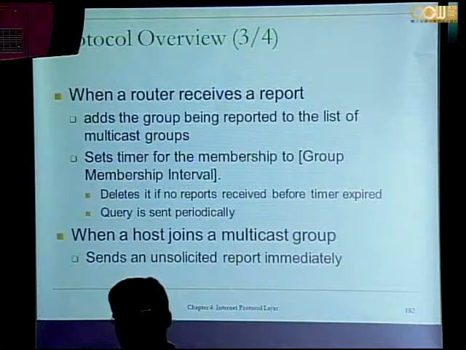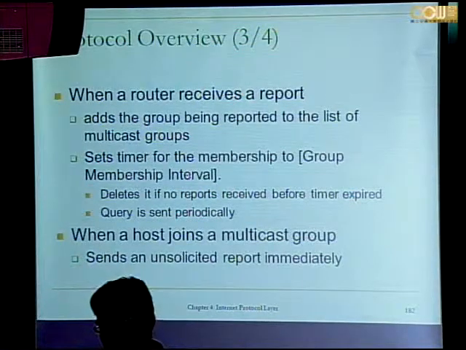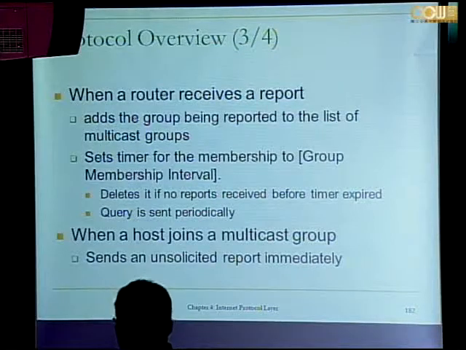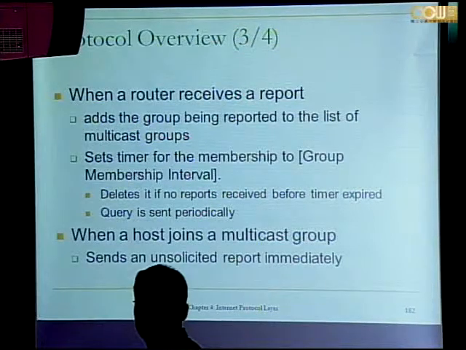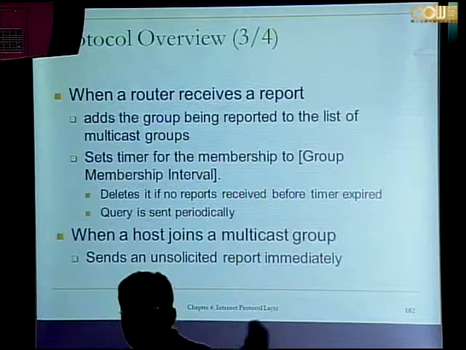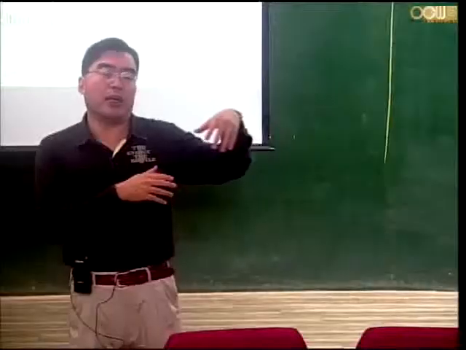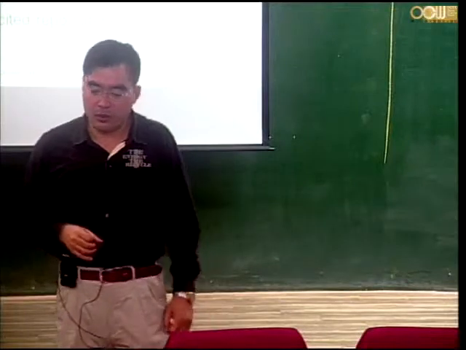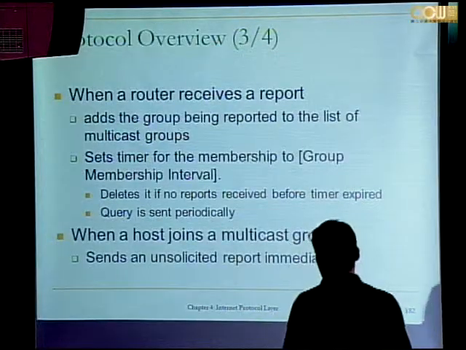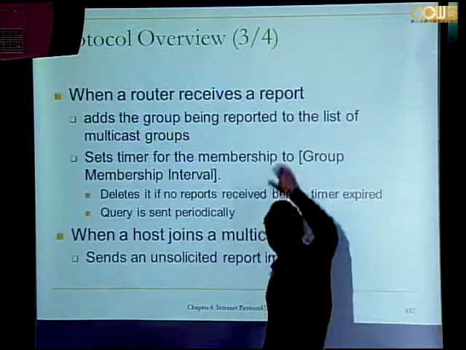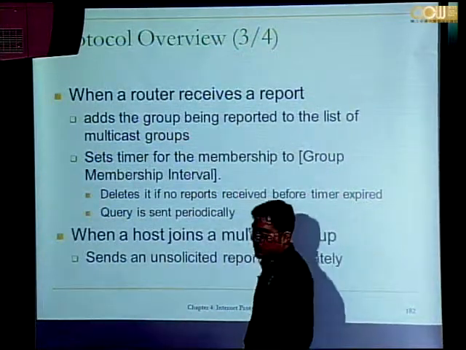Then I would send an unsolicited join message. I'm telling the router proactively that I want to join a particular group. In that case, the router will keep track of this group membership information if it's new to it.